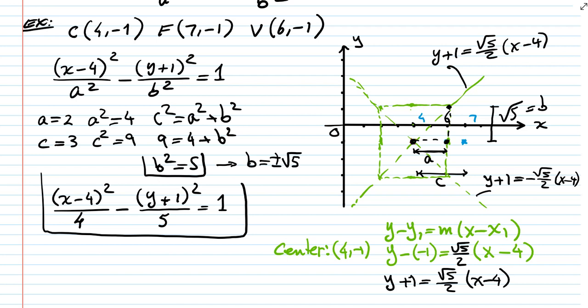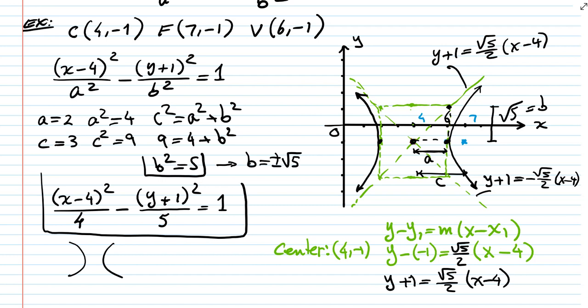Now I'm actually going to graph my hyperbola. Because remember, for horizontal, we know the branches are going to go to the sides, right? So I'm going to start from the center of the box, go out to the edge of the box, and draw one branch. And then we go from the center to the other edge of the box and draw this one.